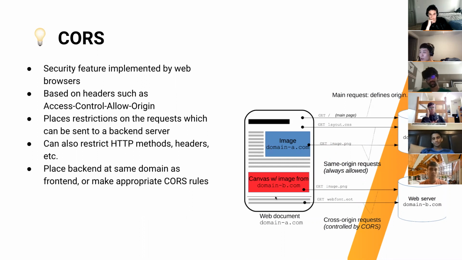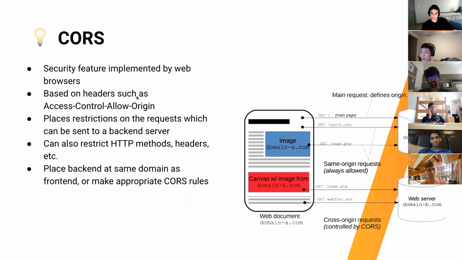But say you also have other resources that you would get from another domain called domain B. This is what would be called a cross-origin request. The website sits at domain A, but the request destination is domain B. So that's different. For security reasons, if domain B does not allow requests from domain A, the browser would block those requests from happening.